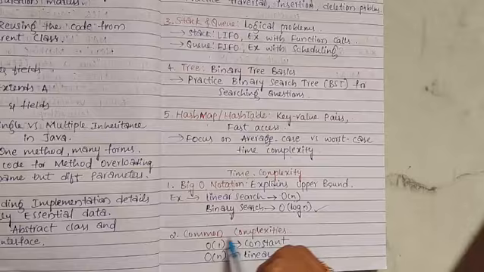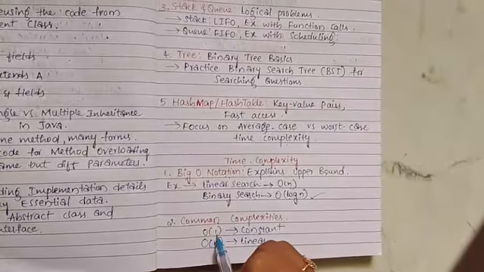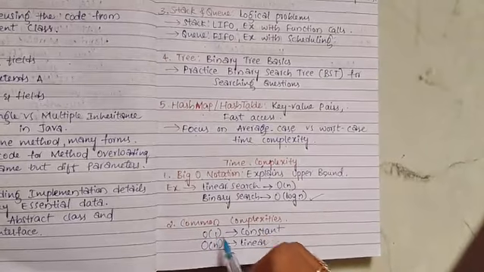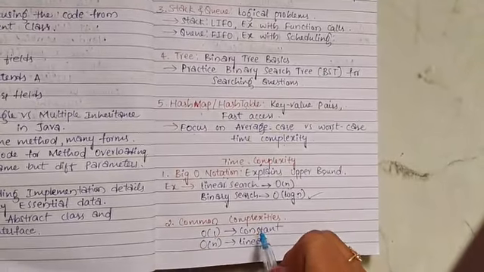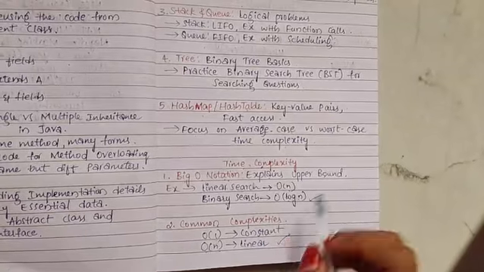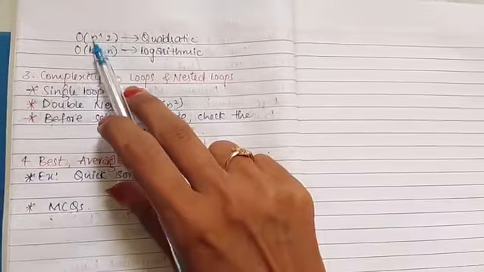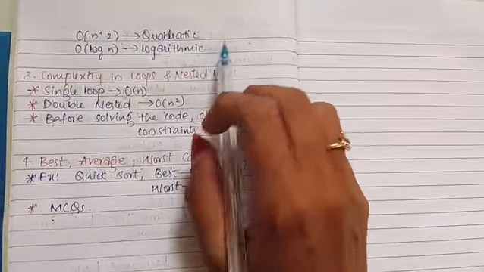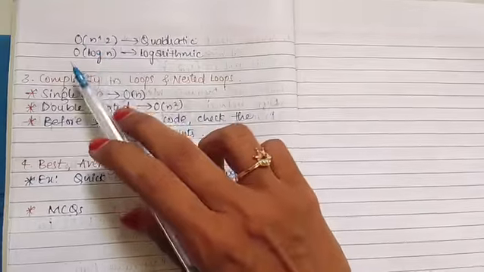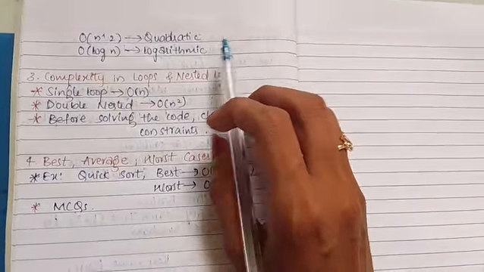And the common complexities are big O 1, that is constant, big O n, that is linear, big O n squared, that represents quadratic, and big O log n, that is logarithmic.